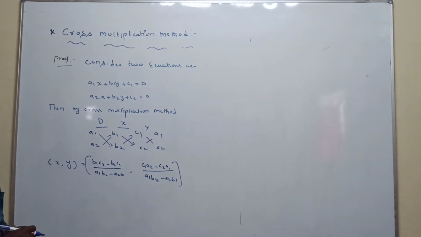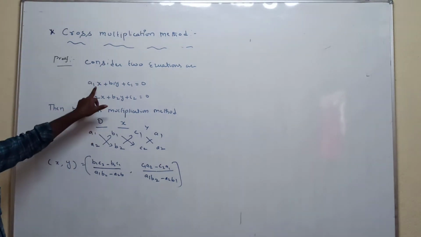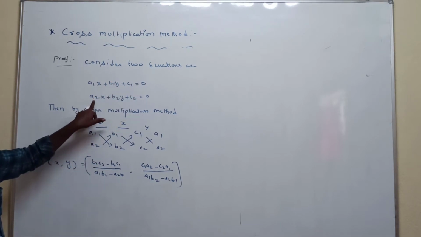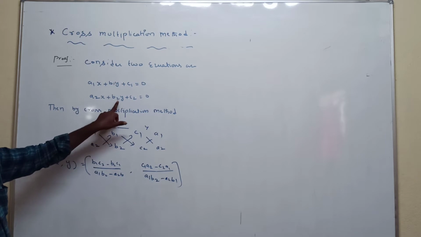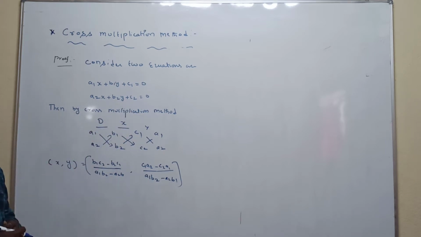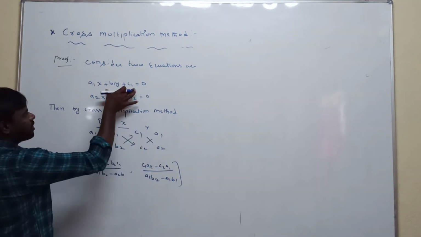Here, to solve a given equation by the cross multiplication method, first compare the given equation with a1x plus b1y plus c1 is equal to 0, and the second equation with a2x plus b2y plus c2 is equal to 0. Now, applying the cross multiplication method, first we write the coefficient values of the two equations.